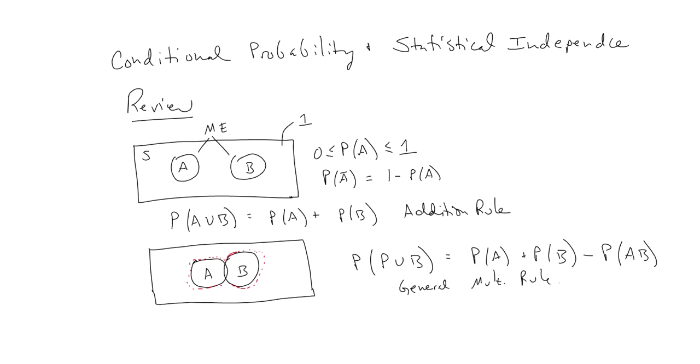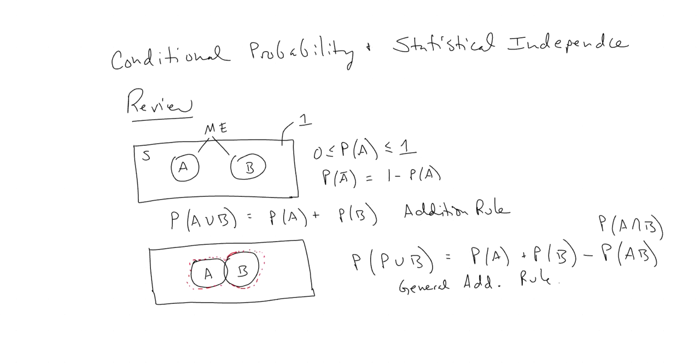Okay, so now we're going to get into the multiplication rule. Yes, a question: what is that symbol, A but not B? Oh, this right here. We introduced that symbol, and then I kind of quickly got rid of it.